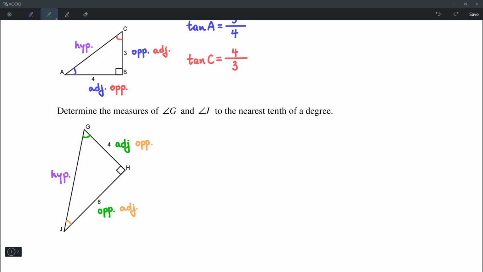Okay, so let's start with tangent G is equal to 6/4, which we can reduce to 3/2.